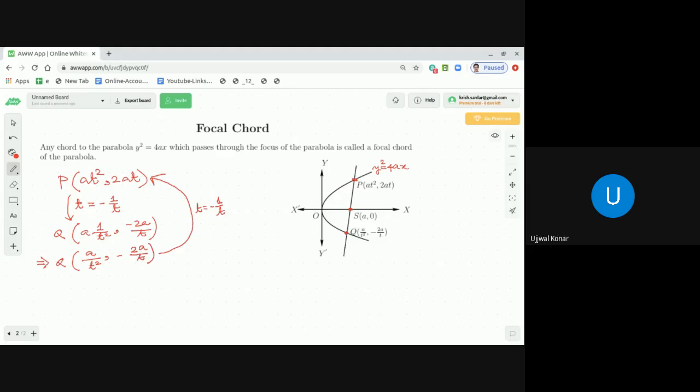This is the way we can find the coordinates of the two extremities of this focal chord, dear students.